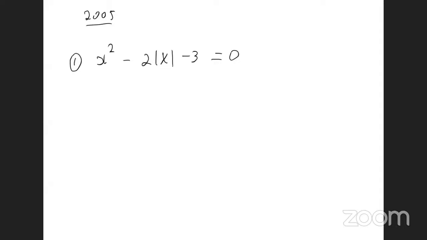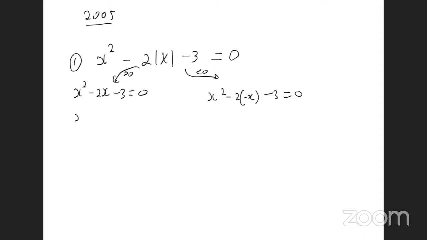All right, let's work it out. X squared, minus 2x minus 3. This is when it's more than 0. And when it's less than 0, it will be x squared minus 2 minus x minus 3.